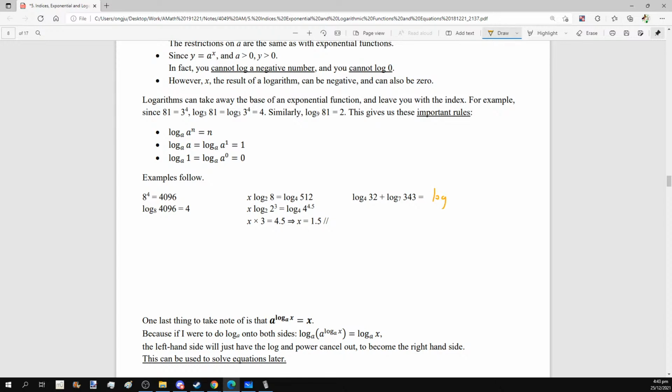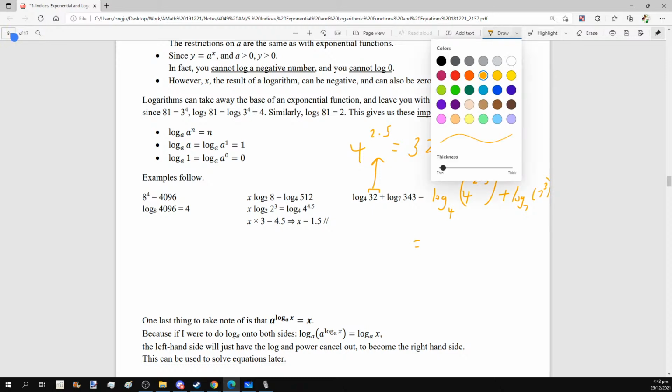It is a little bit tricky, but you will hopefully be able to tell that we actually have, in this case, 4 to the power of 2.5 equal to 32. And obviously the other one will simply be 7 to the power of 3 equals 343.